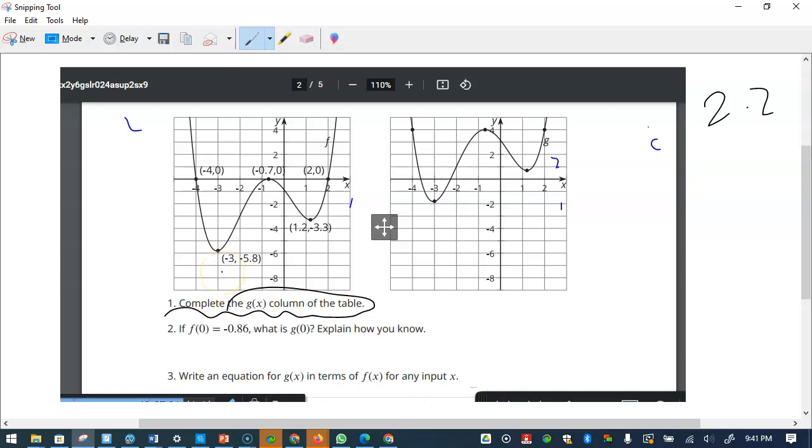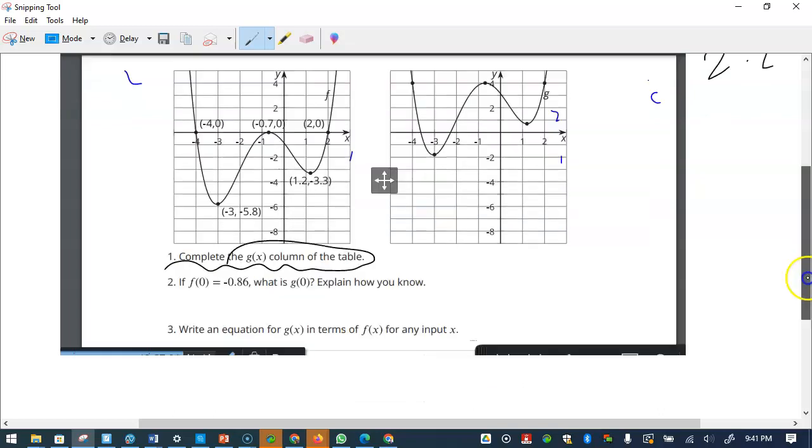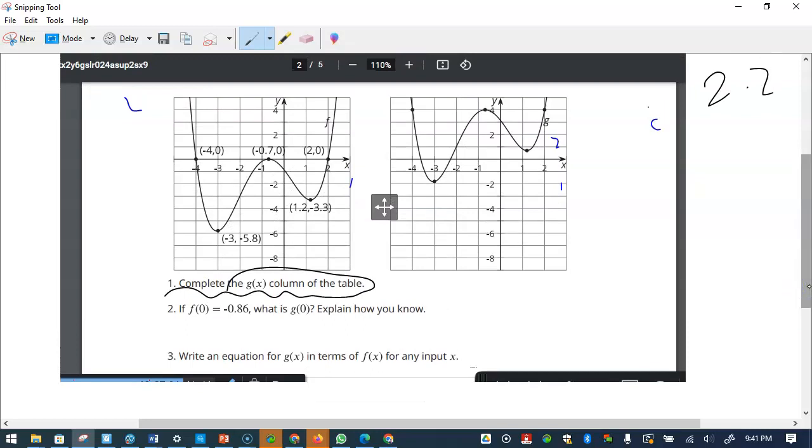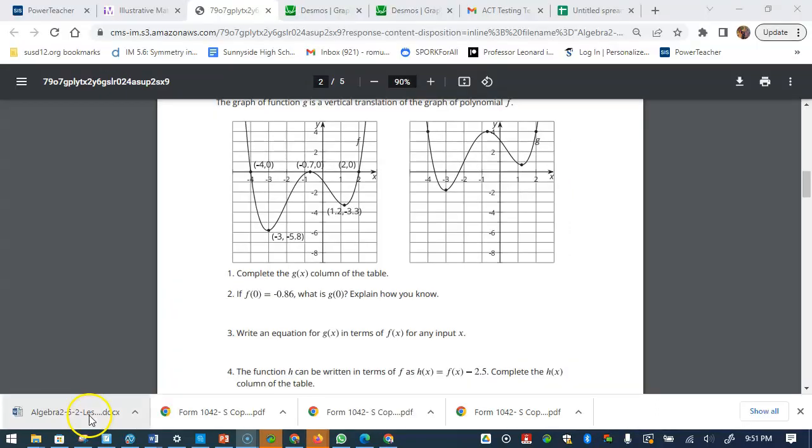In the table, what they say is, let me write it down here. So if you see this, they asked us to complete the gx column, then they ask if f of 0 is this, then what is g of 0, and explain how you know.